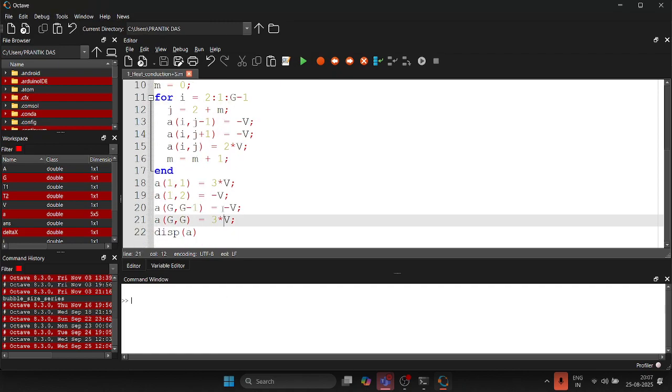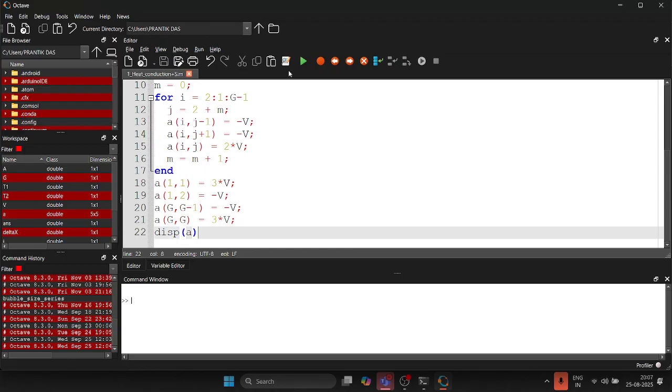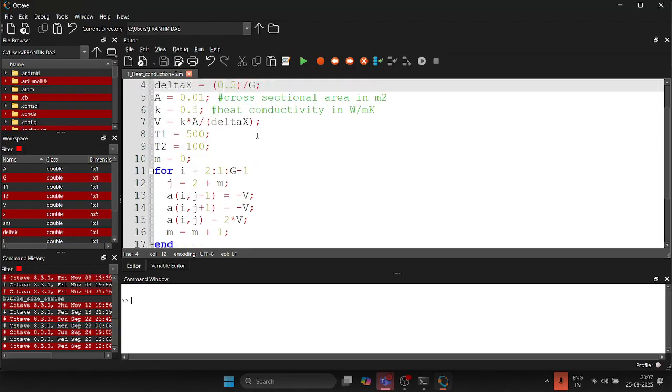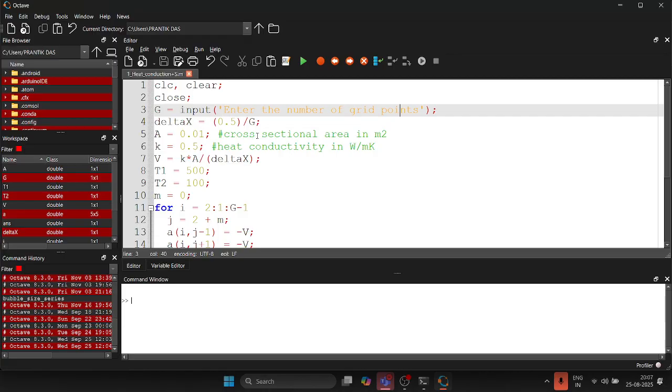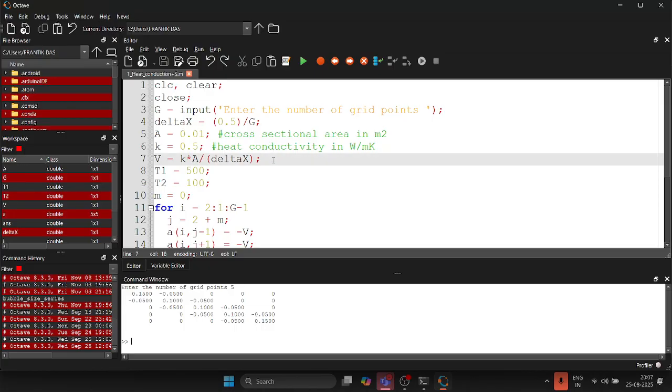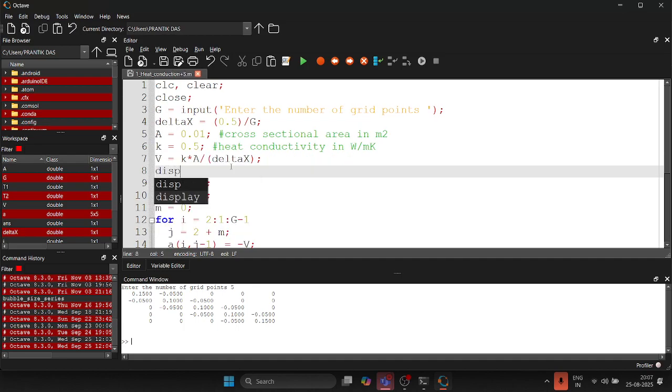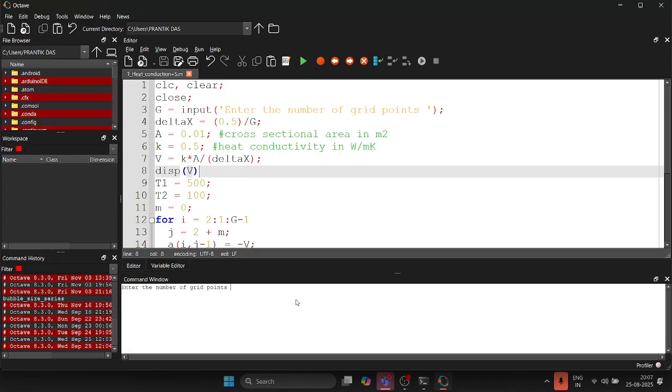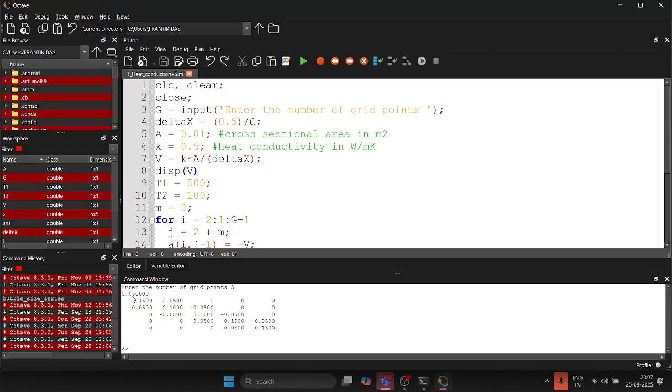I will display this one. Put a space here, I think that is better. So now it is actually 5. So this is your matrix, by the way. k by delta x is coming to be, let me display v. k by delta x is basically 0.05.